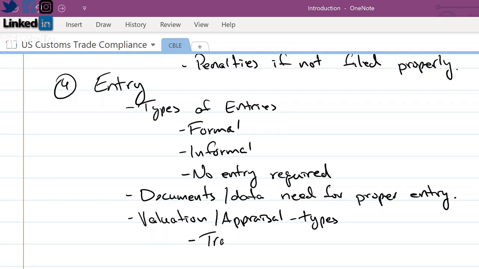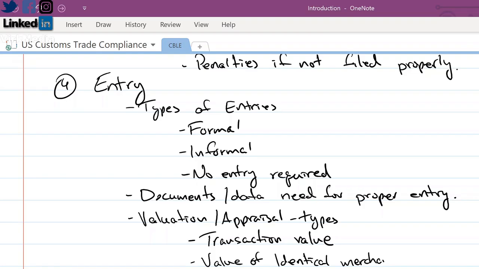For example, transaction value, value of identical merchandise, value of similar merchandise, computed value, deductive value, or other valuation methods.